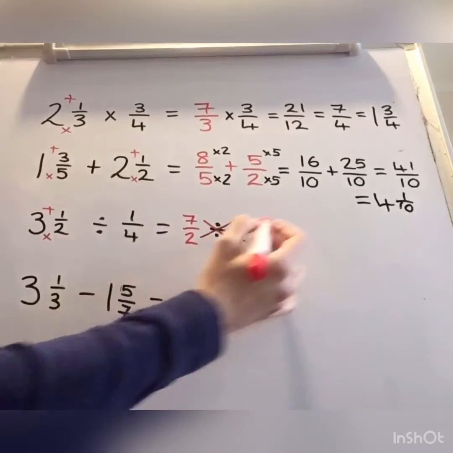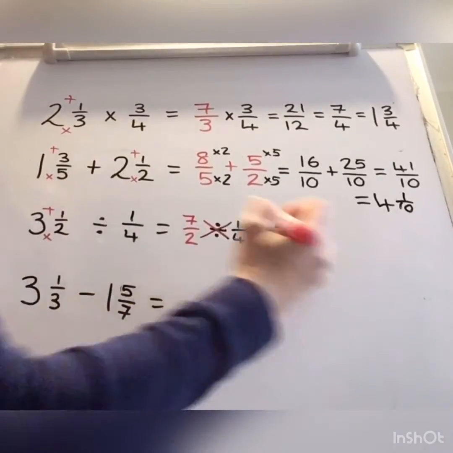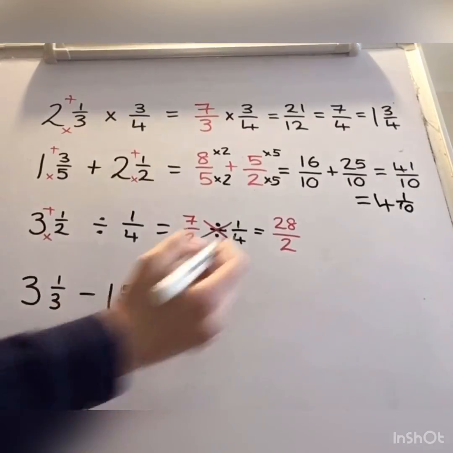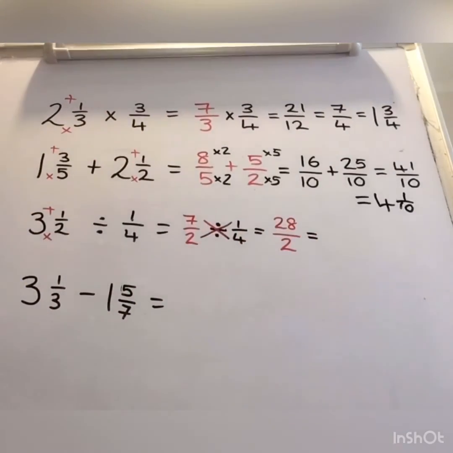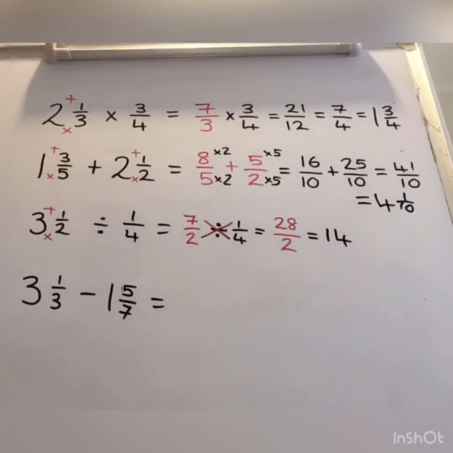So I'm going to do 7 times 4 is 28, and 2 times 1 is 2. Again, it's improper, and actually here 28 can be divided by 2 completely. So 28 divided by 2 is 14, and that's our answer for that one there.